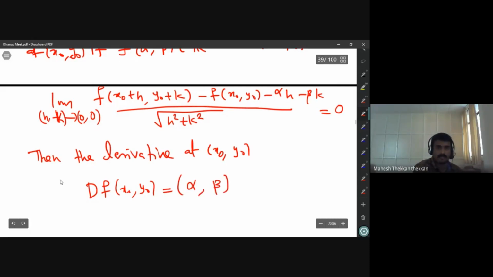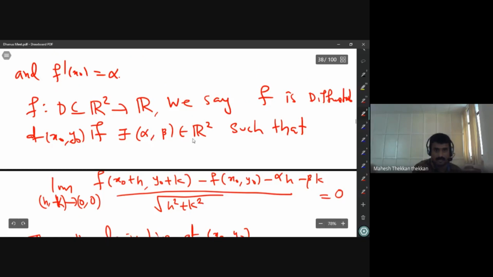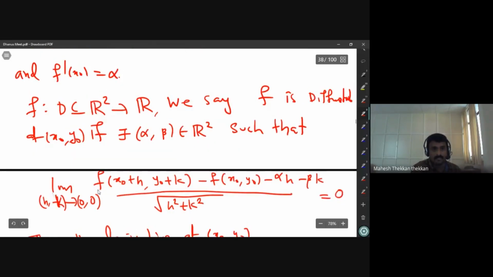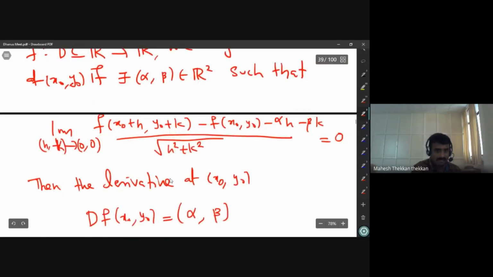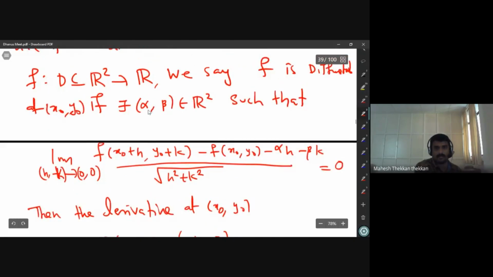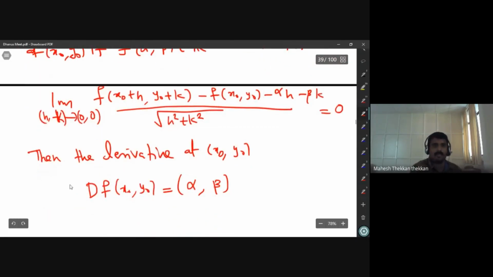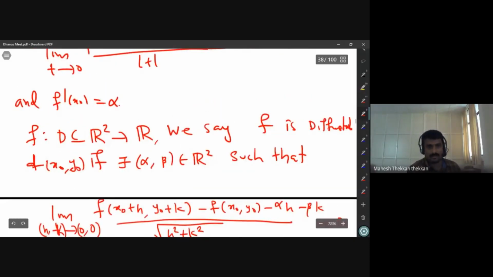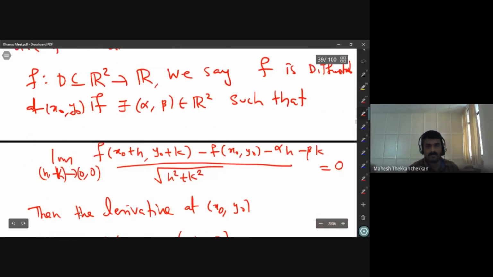Suppose there exists such a pair, then we say f is differentiable at x naught y naught and the derivative is alpha comma beta. Now I want to observe what this alpha beta is for the function. Suppose f is differentiable, then this limit exists, which means what?